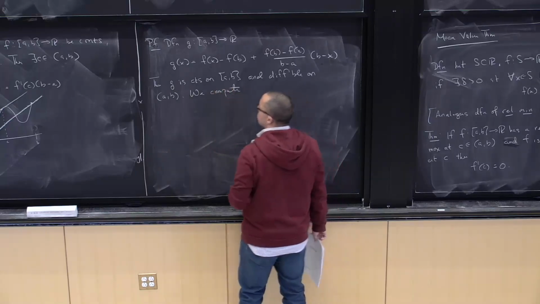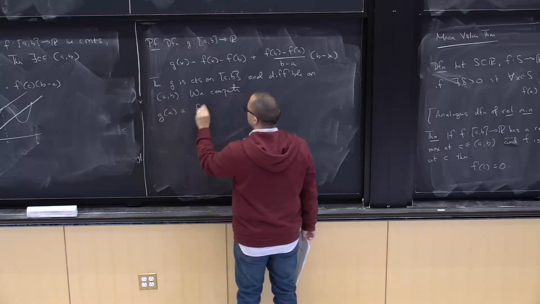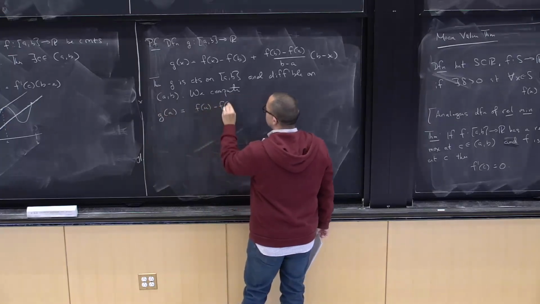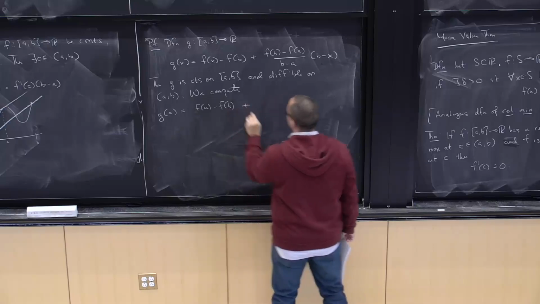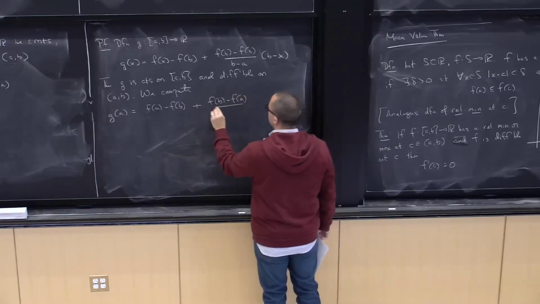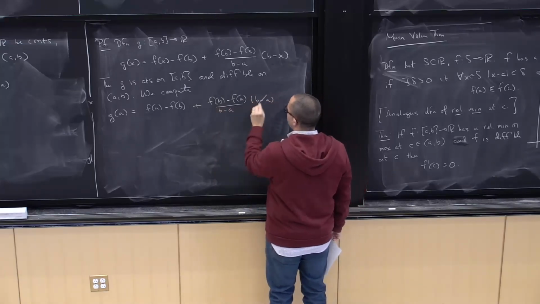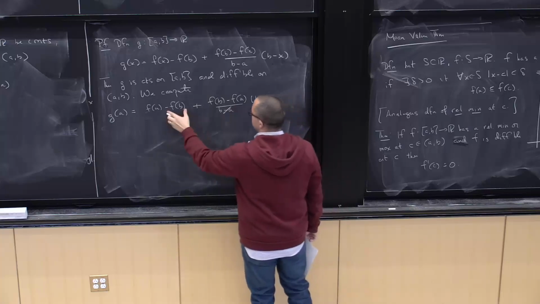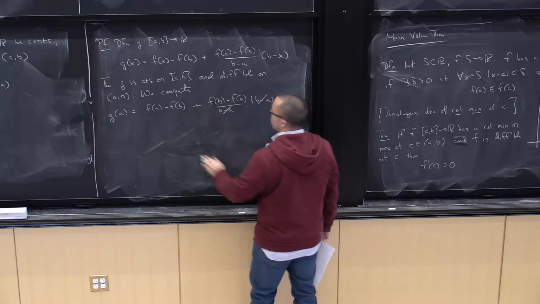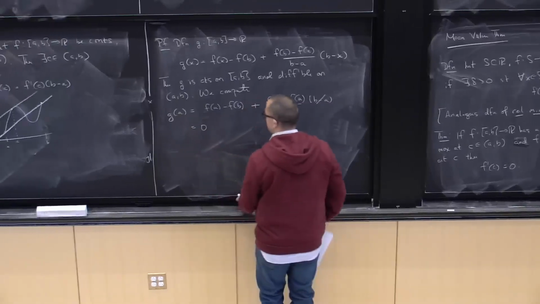And since I said we're going to use Rolle's theorem, let's compute g of a. This is equal to f of a minus f of b plus f of b minus f of a over b minus a times b minus a. That cancels with that. Minus f of b cancels with f of b. f of a cancels with minus f of a, and we get 0.